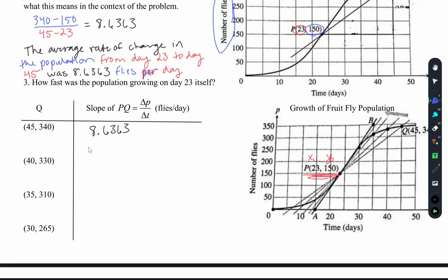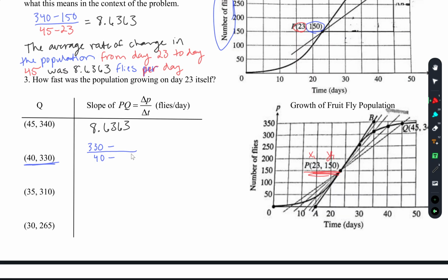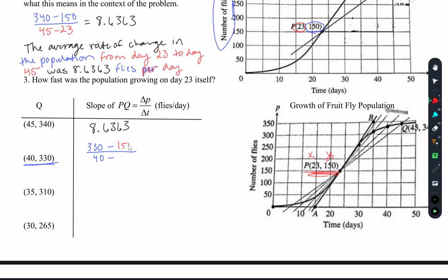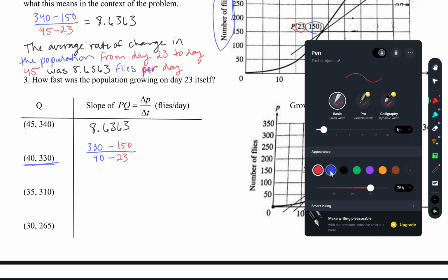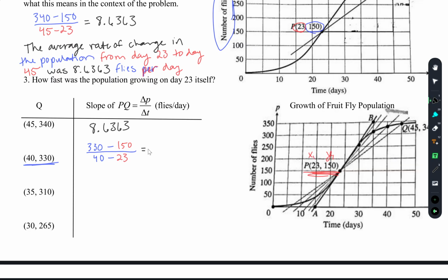So you're going to take the 330 minus your y1 and your 40 minus your x1, and you're getting those values. So you're 150 and 23, and then you get your slope, which all this I did in my head earlier, so you don't have to. Okay, so that's this point.